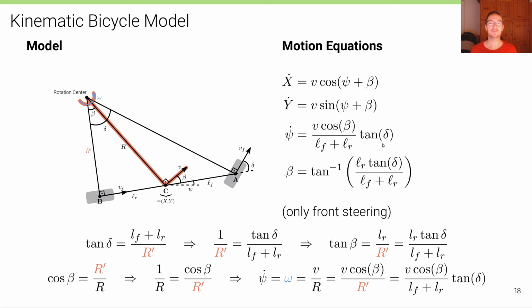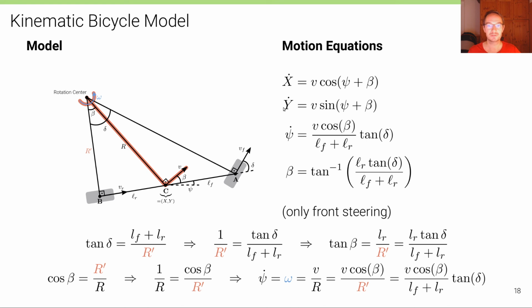So what have we derived now? We have derived the motion equations that relate the input quantities of our system, which is the velocity that we apply in our system. Actually, we only apply the acceleration, but that leads to the velocity in this simple model. And the front steering wheel angle, delta, this is the second input. So we have these two inputs here.